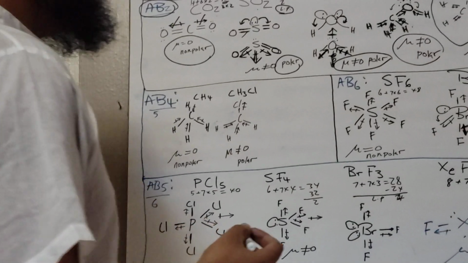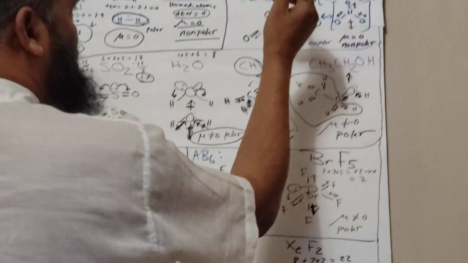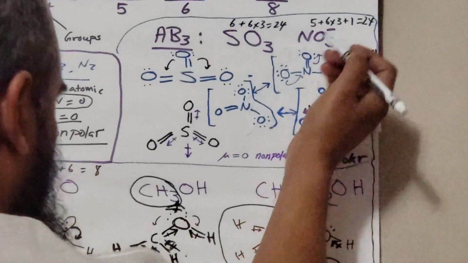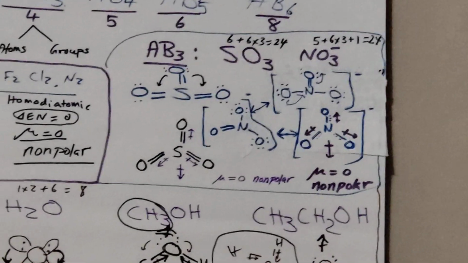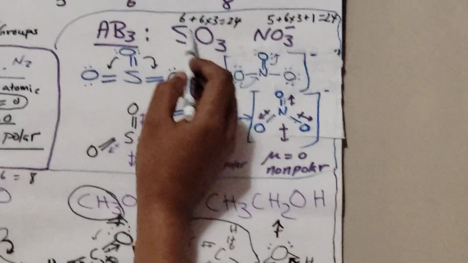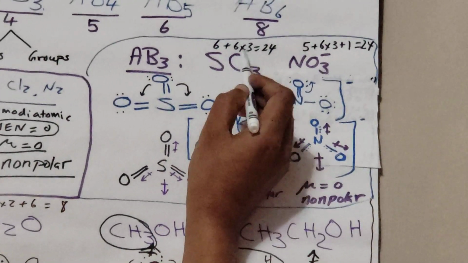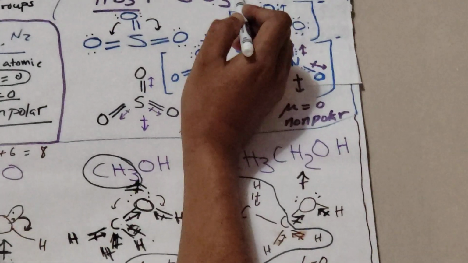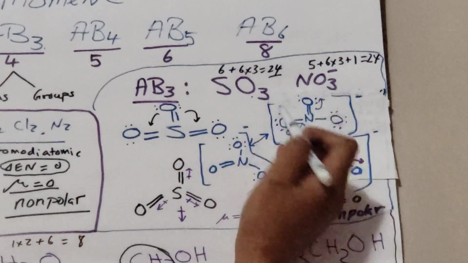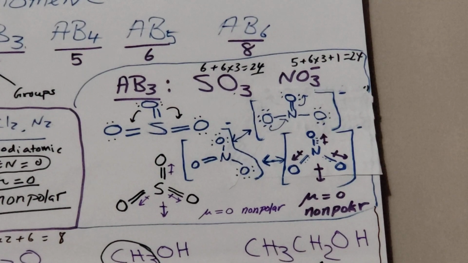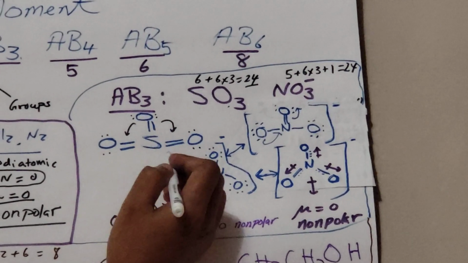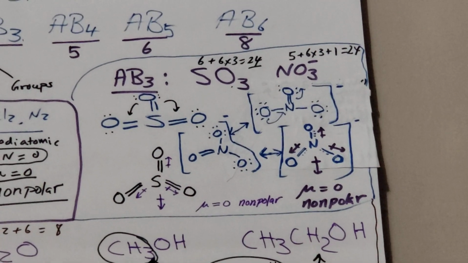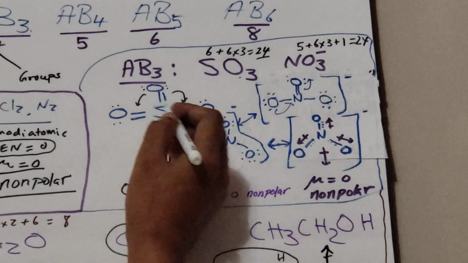Okay, so now the AB3 class, for example, sulfur dioxide and nitrogen dioxide negative, right? If you count the number of electrons, this is 6, and 6 times 3, 12, 24. 24 is a multiple of 8, so there is no lone pair here. So this is sulfur dioxide.